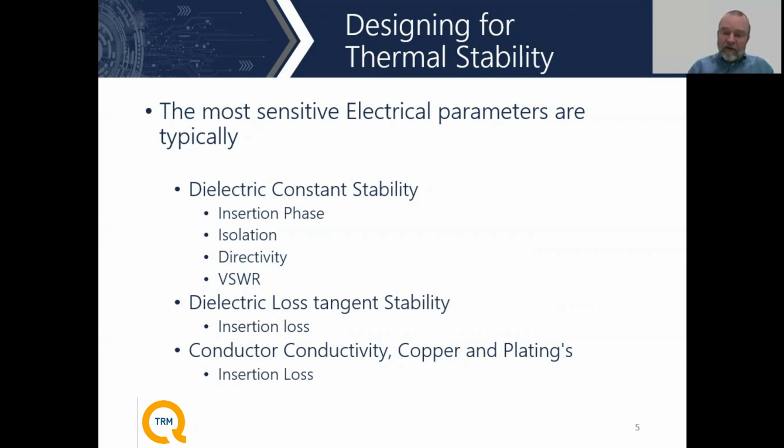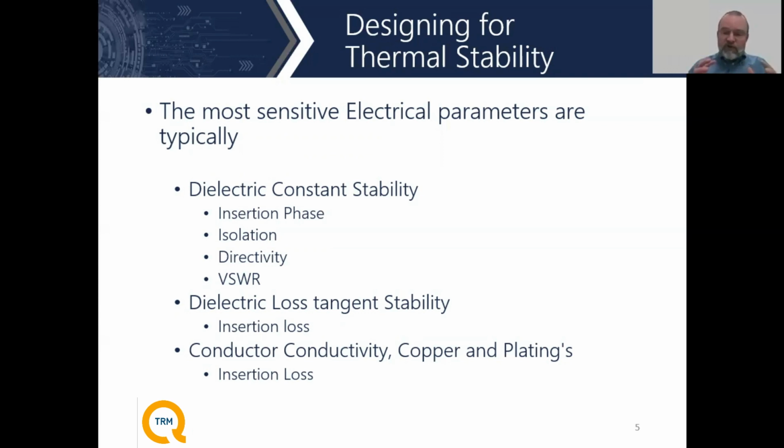Isolation and directivity come into play if you're in a coupled line structure, for example, where you have an even and odd mode balance within the material, and you have to have a good equalization in order to get good directivity. As soon as one of those dielectric constants changes a little bit, that balance gets disrupted, which affects directivity. Isolation in things like a power divider, for example, is affected a little bit because the VSWR is affected.